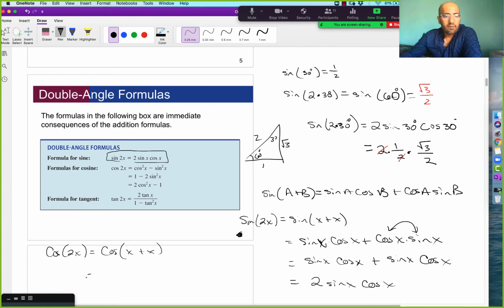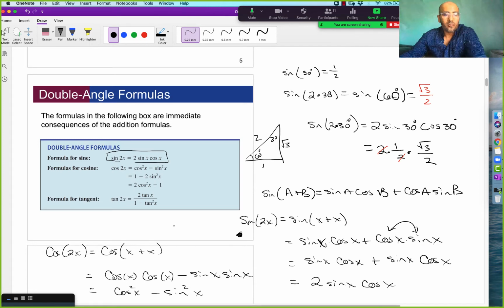It's cosine of the first angle, cosine of the second angle, minus sine of the first angle, sine of the second angle. Oh, well, it's exactly that formula: cosine squared x minus sine squared x. That's this one.